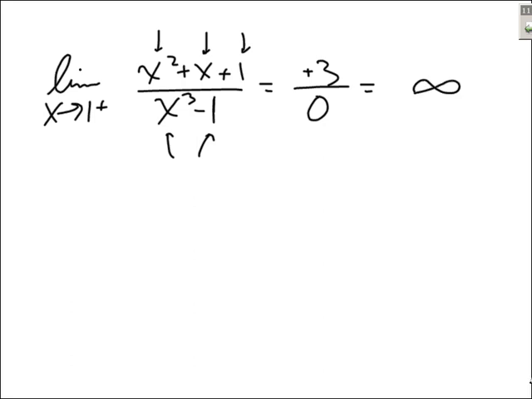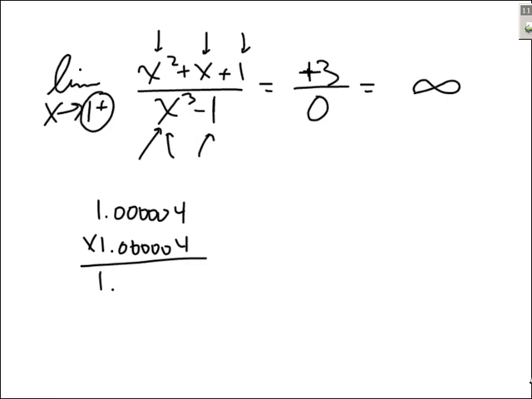We need to decide what the sign is. Well, the numerator is clearly positive. Now, if x is more than 1 and you cube it, if you multiply numbers that are bigger than 1, whether it's a little bit more than 1 or a lot more than 1, you're going to get more than 1. I mean, multiply 1.0004 by itself, and you're going to get, I don't know, 1.00482216.